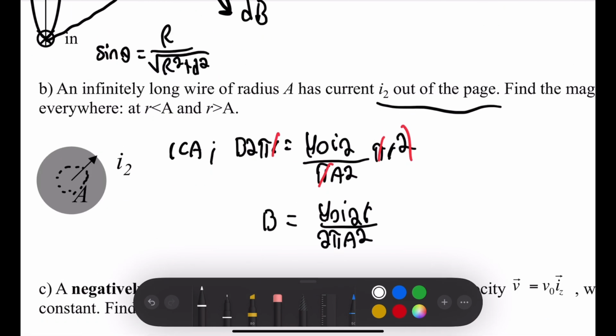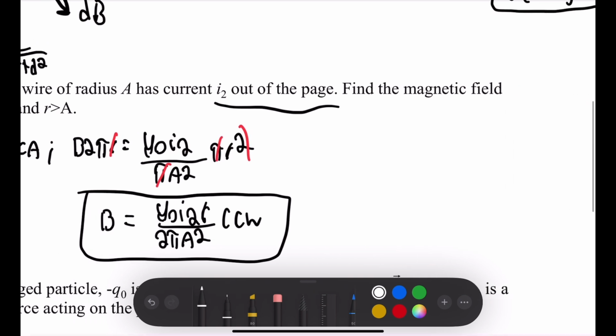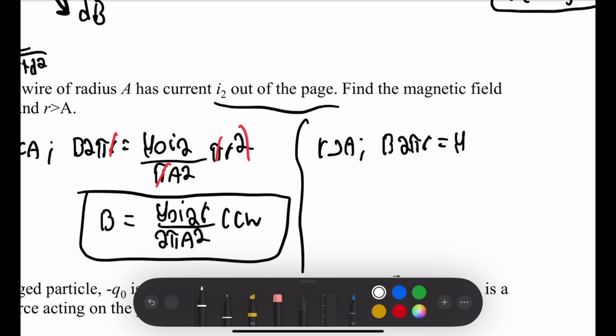And to determine the direction, well, it told me that the current's pointing out of the page. So point your thumb out. The way your fingers curl is the direction of the magnetic field. So it's counterclockwise. And then for r greater than a, we would have B times 2 pi r equal to mu naught I2.